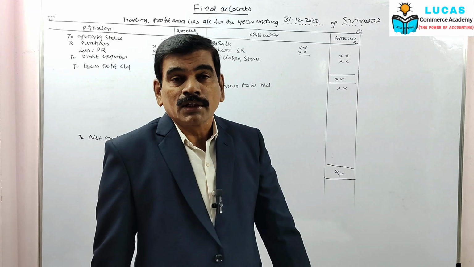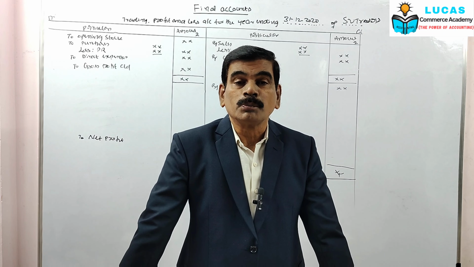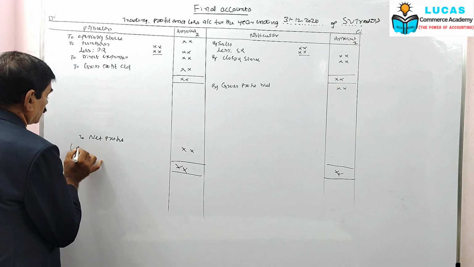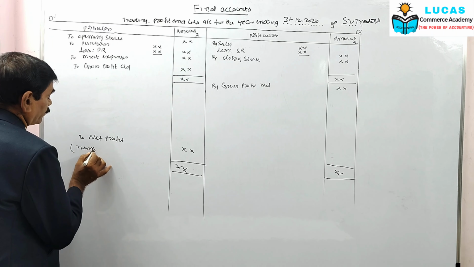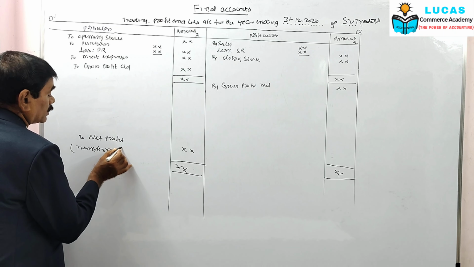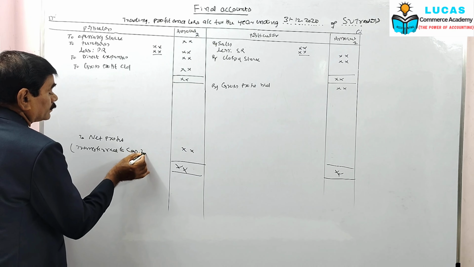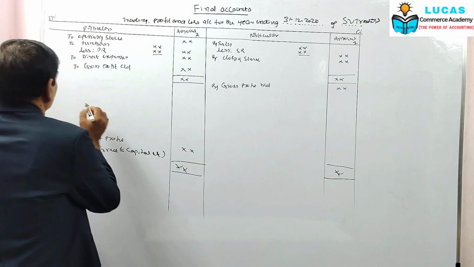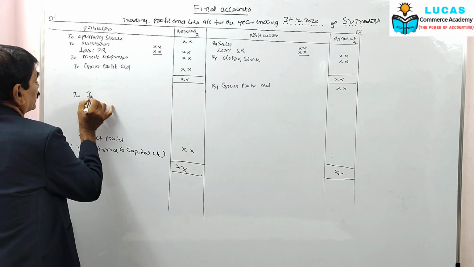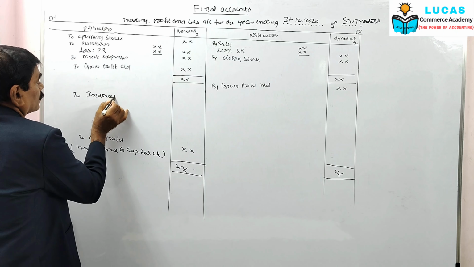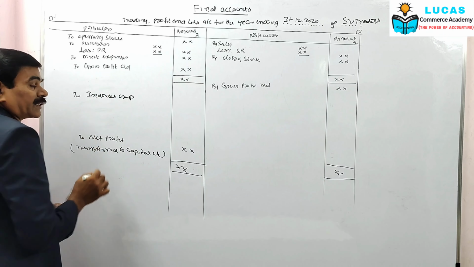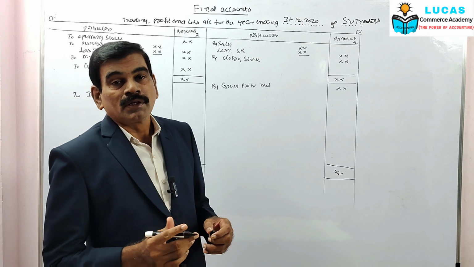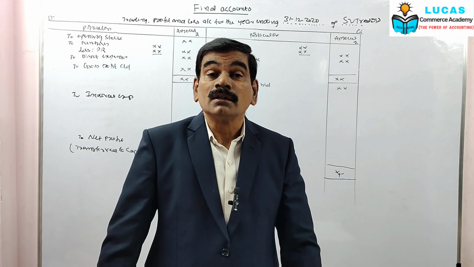Profit or loss as shown by the profit and loss account should be transferred to capital account. So here we write transferred to capital account. Indirect expenses means all administrative, selling, distribution, repairs and maintenance, financial and other charges.